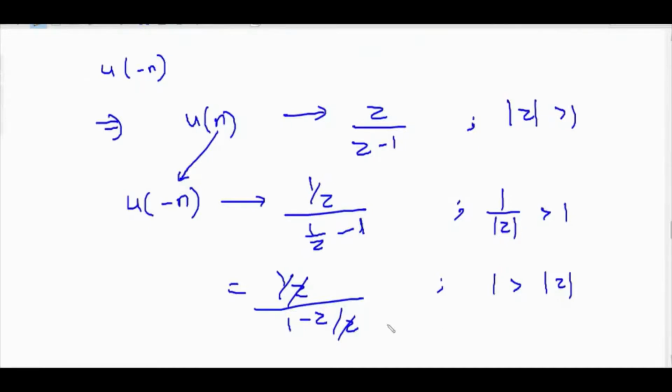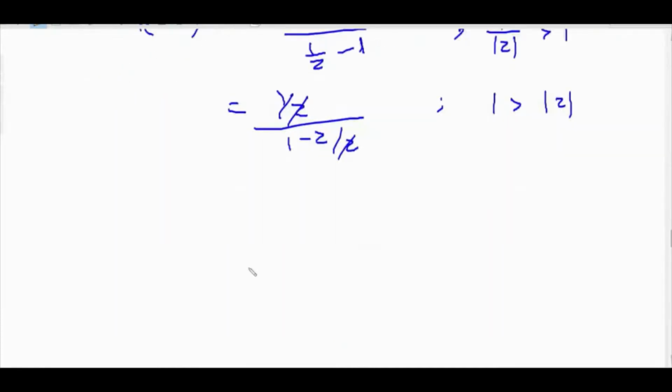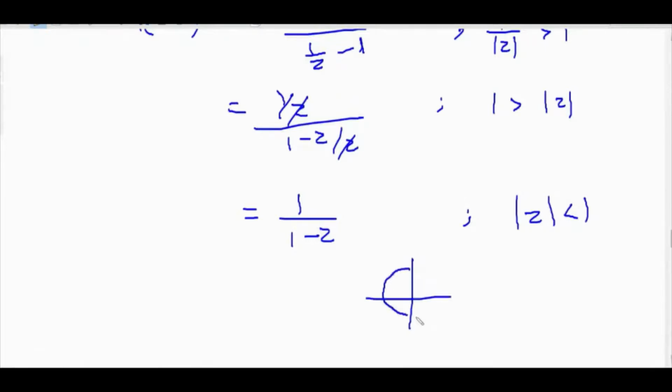So overall answer is 1 upon 1 minus z, and ROC is 1 greater than magnitude z, that means magnitude z less than 1. So draw one circle having radius 1, and show the ROC as the inside portion of that circle, because magnitude z less than 1. Less than means interior part of the circle.